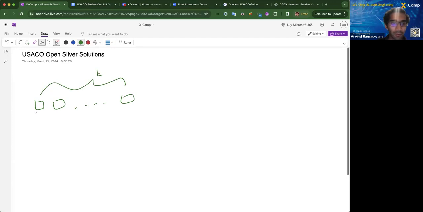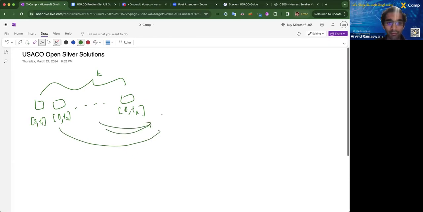The first cow will be interviewed from time 0 to T1, the second cow from time 0 to T2, and the Kth cow from time 0 to TK. And the first time an interview is finished, maybe some farmers will be able to go to some later cows, right?